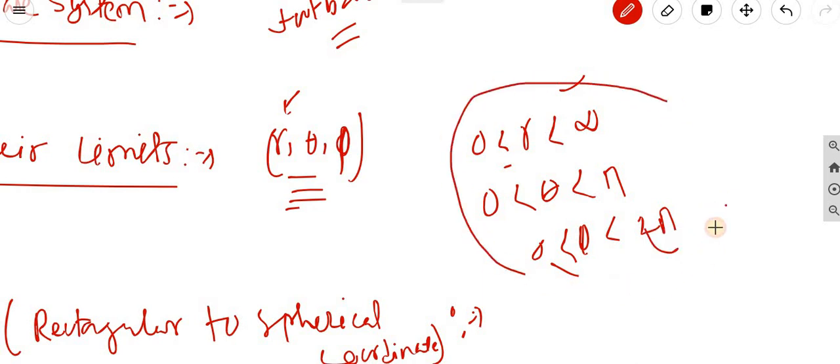These are the limits of the coordinates, and the coordinates are r, theta, phi. Clear? Now, as we know, this is also an orthogonal coordinate system.